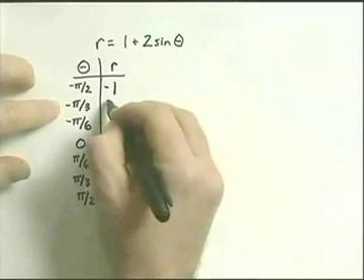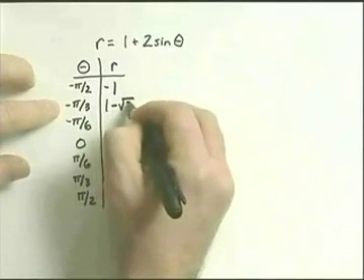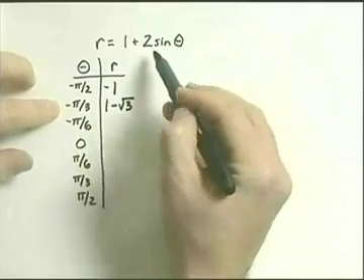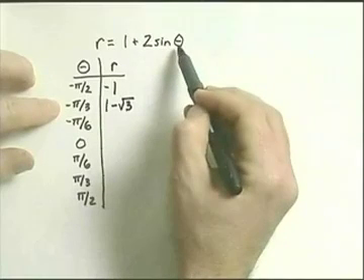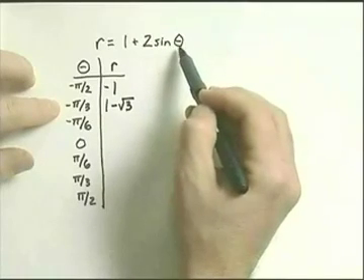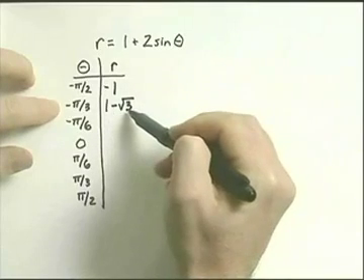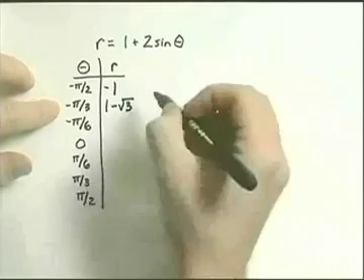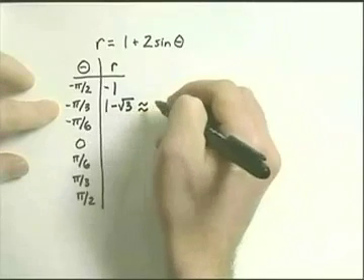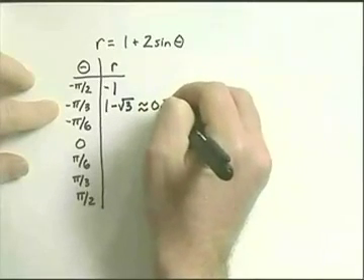That's going to give me 1 minus the square root of 3 because the sine of negative pi over 3 is equal to negative root 3 over 2. So I have 2 times negative root 3 over 2, which is where the negative square root of 3 comes from. This is approximately equal to 0.73.